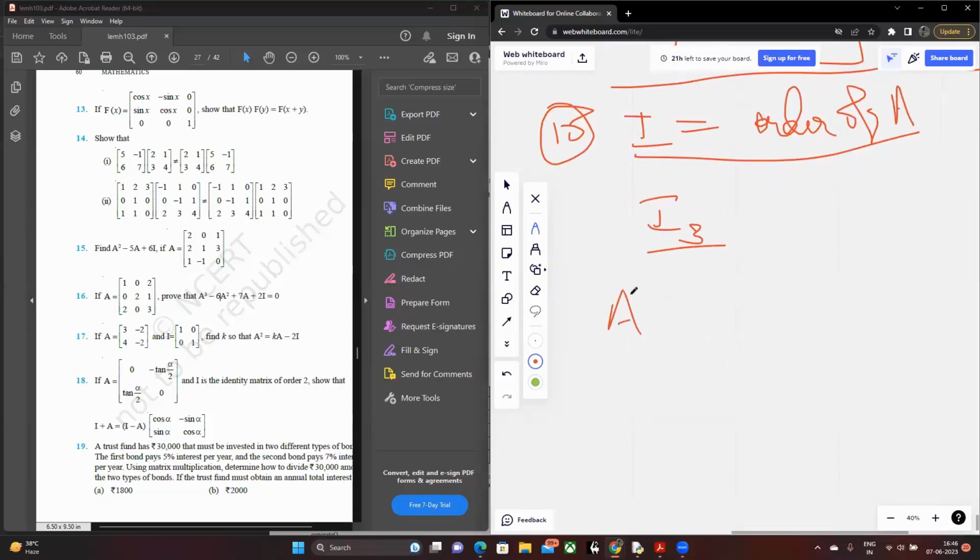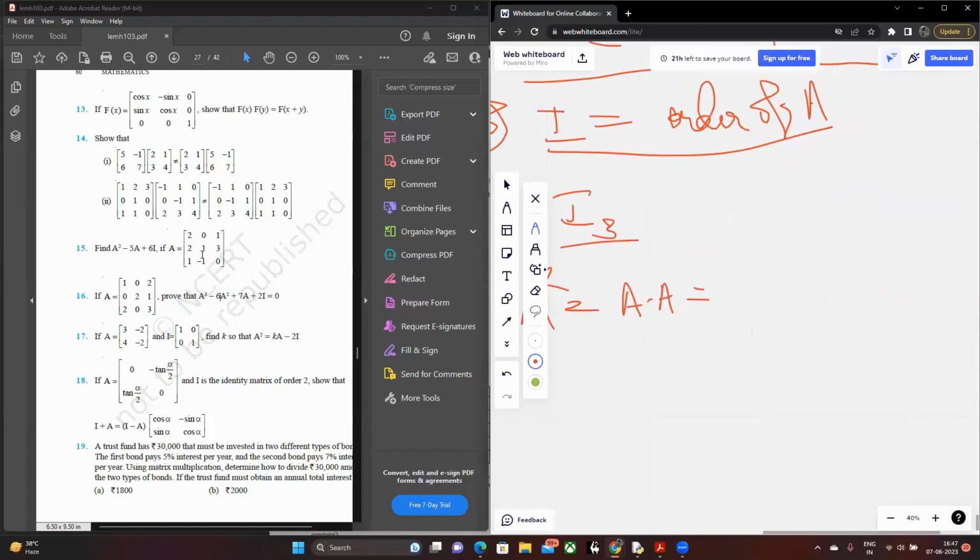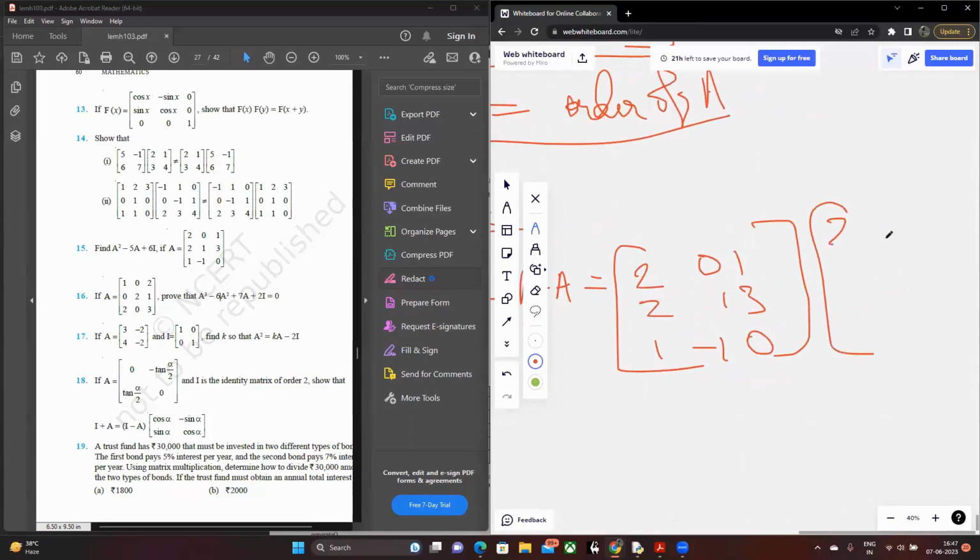A squared is A times A, which is [2, 0, 1; 2, 1, 3; 1, minus 1, 0] times itself. So I'll just write this down, [2, 0, 1; 2, 1, 3; 1, minus 1, 0] times [2, 0, 1; 2, 1, 3; 1, minus 1, 0].